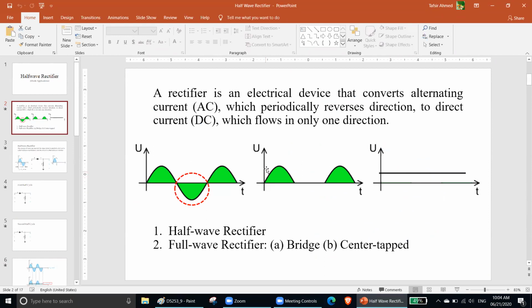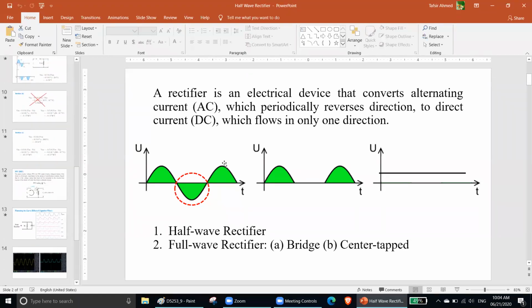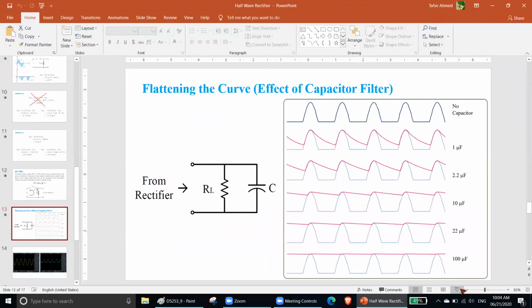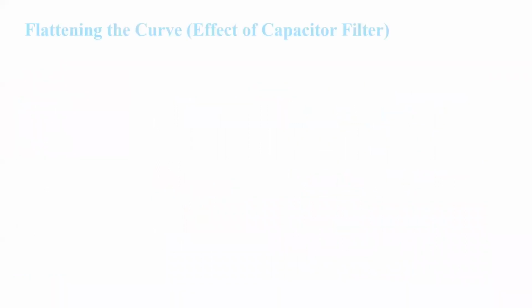So we will make the curve from this to this, right? I told you before. Now I will show you how we can make this into this. We have to use a capacitor filter to flatten the curve.